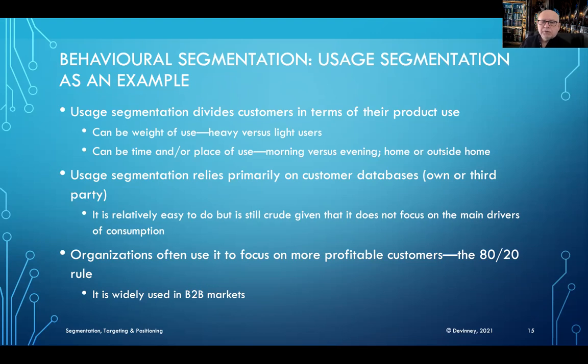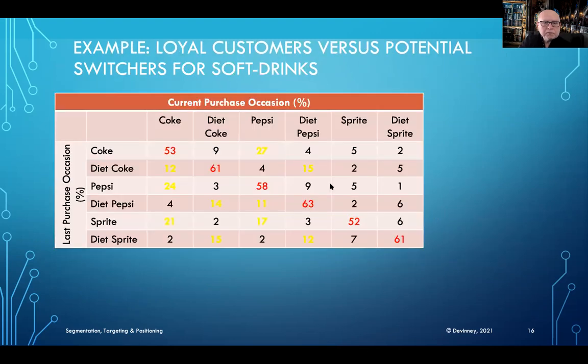And therefore, what you tend to do is step back and focus on subset segments of the customers. You want to learn more about your profitable customers than about the customers you're not really going to care about all that much. So you can think about an example of this, the case of last purchase occasion versus current purchase occasion, and it goes back to that example I gave about loyal versus switching.